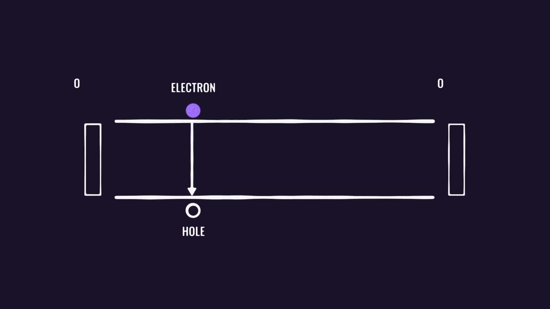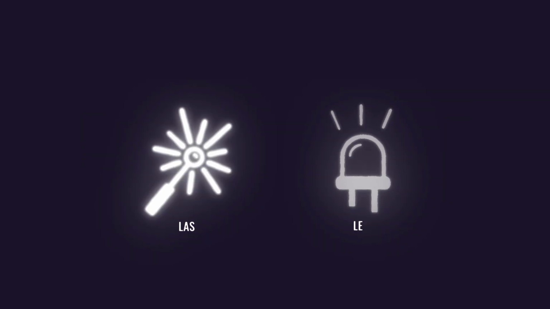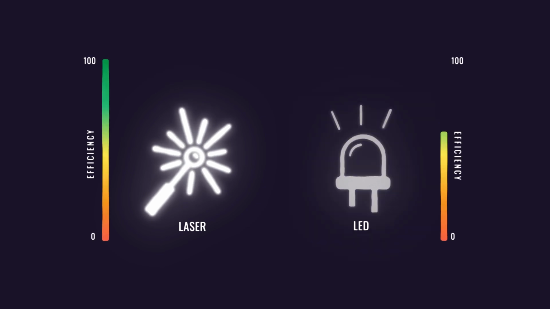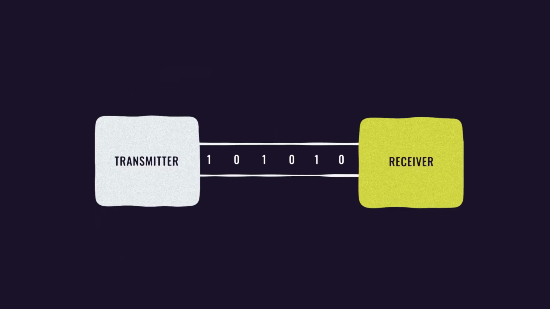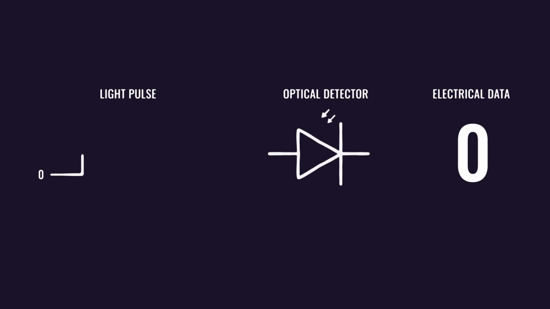Semiconductor lasers also have optical cavities, further enhancing the internal optical amplification process. All these lead to lasers producing higher light output and being much more efficient in converting electrical energy into light output compared to LEDs.